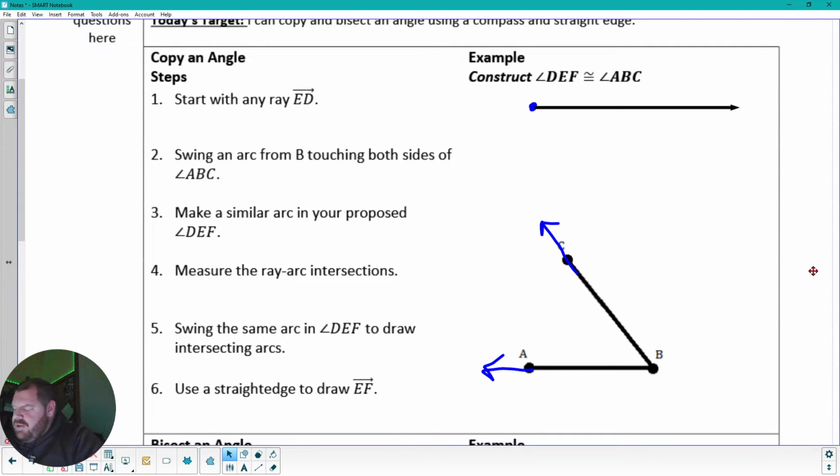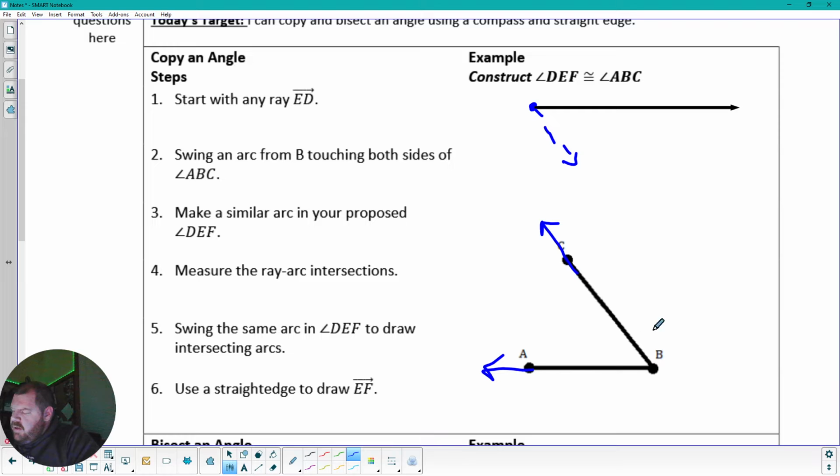I'm going to move it around just a little bit. My plan is to make this angle come this way, so you can tell what we're doing.